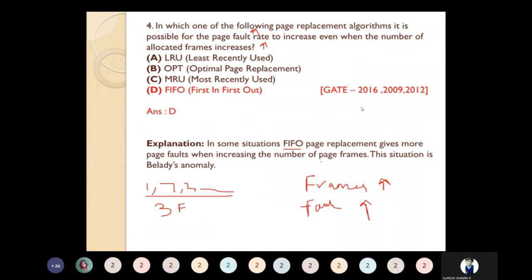So according to this theory and analysis, we get the solution that the FIFO method matches, that is, page faults increase when increasing the frames. So apart from the rest of these 3 methods, FIFO is the correct one.